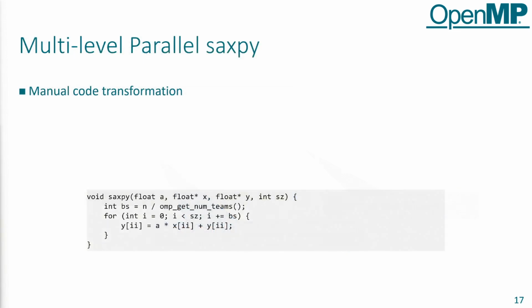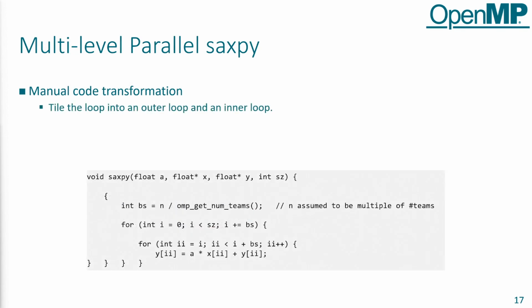So let's take SAXPY and apply a manual code transformation on top of it. We tile the loop into an outer loop and an inner loop. Here we now have the i loop, which runs from the beginning of the original loop to the end of the original loop, but it's no longer executing in stride 1, but in a stride that I call block size.